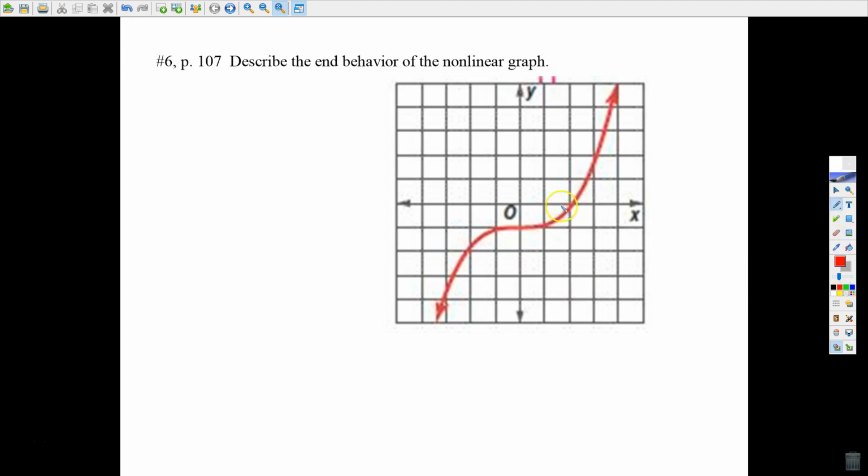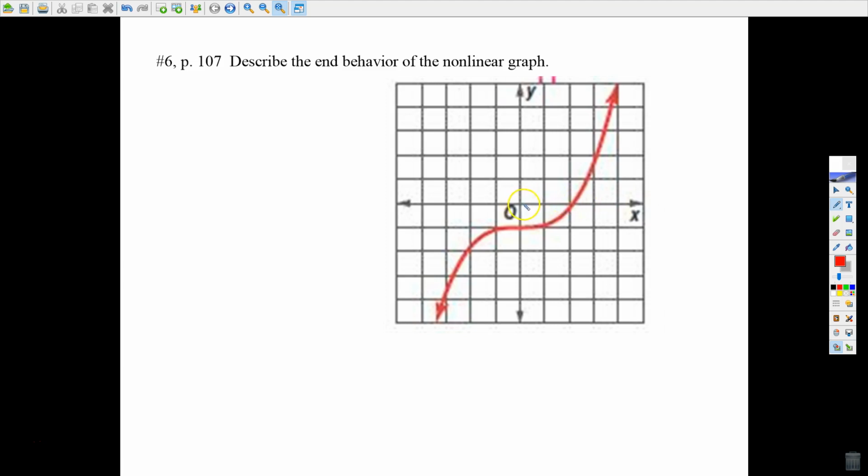So end behavior means as we have larger and larger values for x, or our domain continually increases, going to positive infinity, what is that doing? What is the reaction then to the graph when that happens?